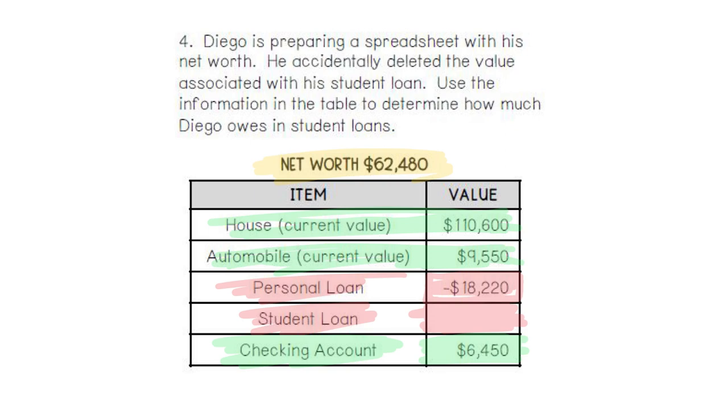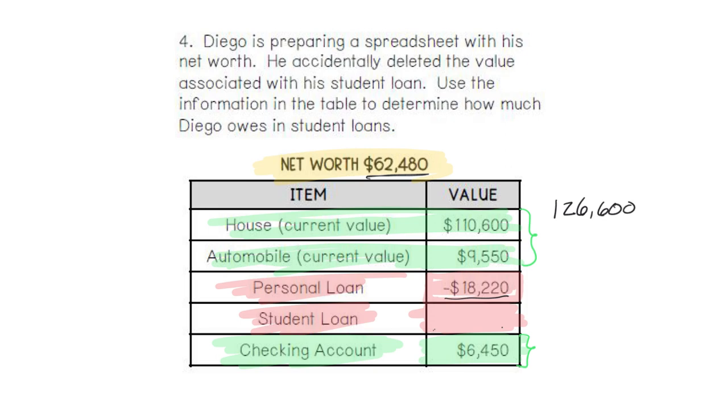For starters, I want to add up all of his assets. We need to figure out the total of all the green, and then if we subtract all the red, we will get the yellow. If I add up all the green and subtract the loan I know he has, I then could find the difference between his net worth and what I have, and that will tell me what his student loan is. If I add up all of his assets, I get $126,600.